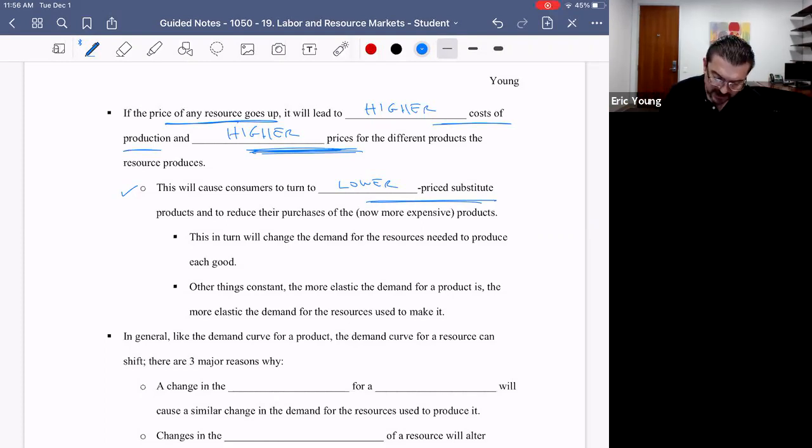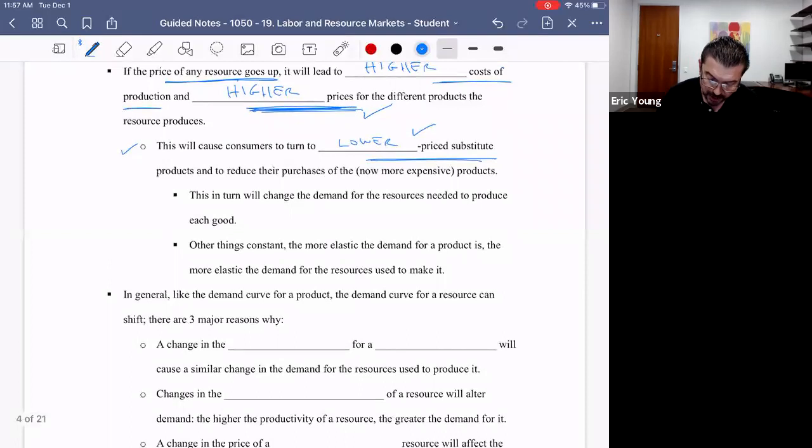We started off with the idea that a resource price goes up. This causes the price of the item to go up. This causes us as consumers to say no more of those expensive products, and we're going to switch to lower price substitutes. That's all predictable. But now look at the cause and effect and the chain reactions. This in turn will circle back and change the demand for resources.